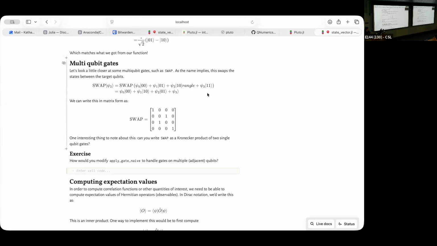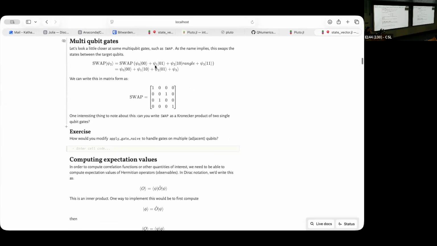And SWAP, wow, okay, the LaTeX here really came out badly. We'll just exchange psi 1 and psi 2, between 1,0 and 0,1, but it leaves psi 0 and psi 3 untouched. So this is effectively an entangling gate.